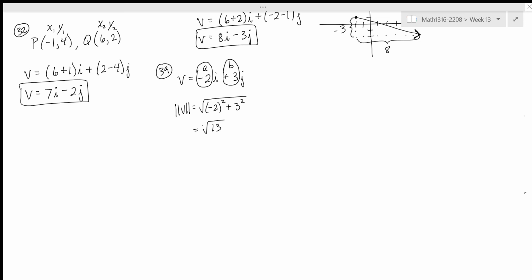Would y'all say that to somebody? Oh, it's just square root of 13 miles. Okay, so can I also have this as a decimal approximation? What is square root of 13 approximately? Who has a calculator? Let's go 1. 3.6.